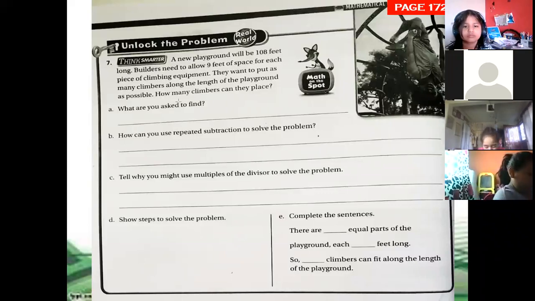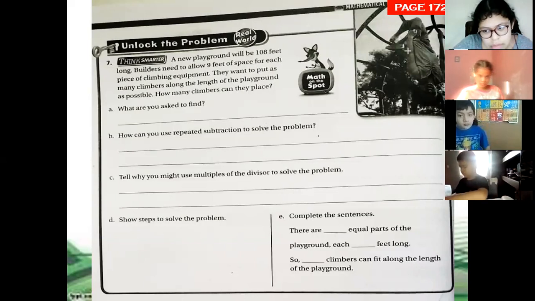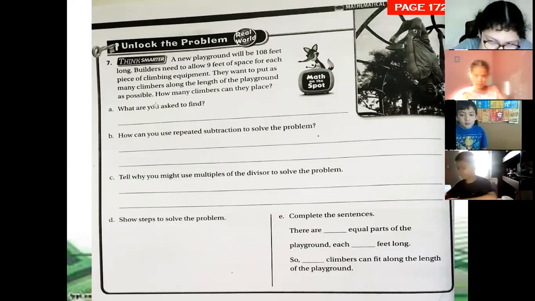What do you think you are asked to find? What do you have to find here? According to the problem, how many climbers can they place? Exactly, that's the information you need. You are asked to find how many climbers can they place.